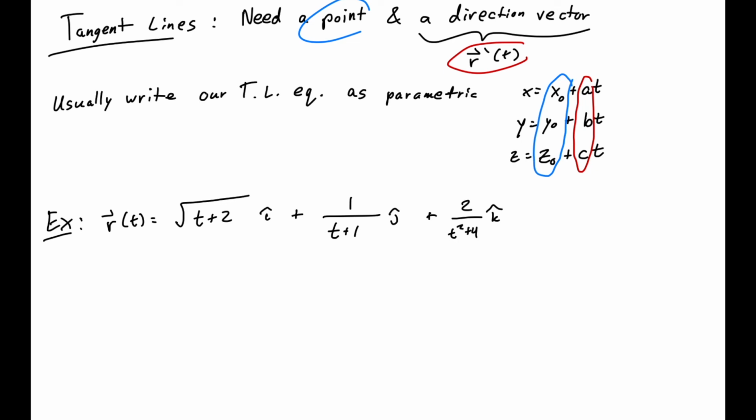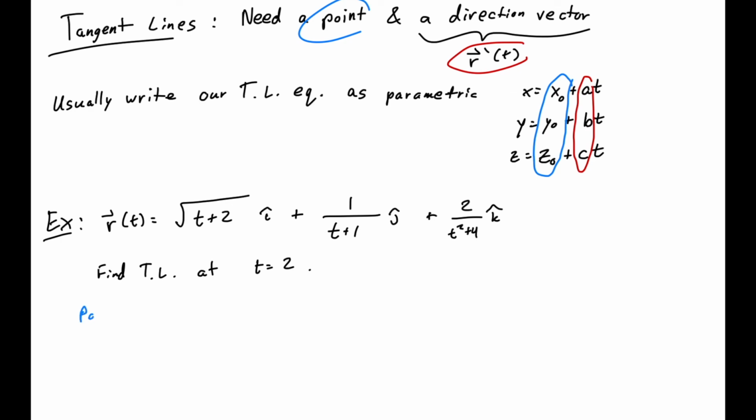No, because we never ask you to find the tangent line formula. We want you to find the tangent line at t equals 2. Find the equation of a tangent line more formally.